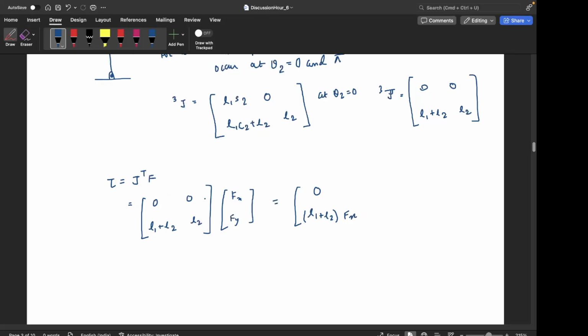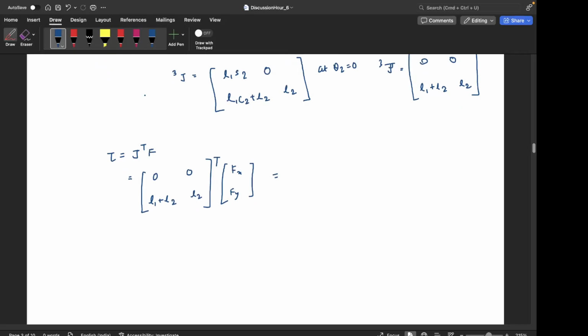No, this should be J transpose, right? So it would be 0, 0, L1 plus L2 and L2, and then Fx and then Fy.